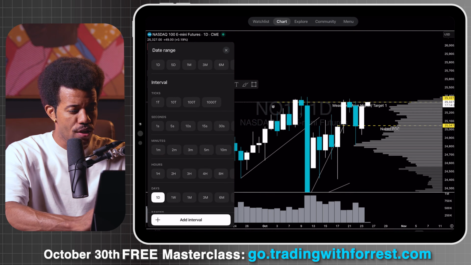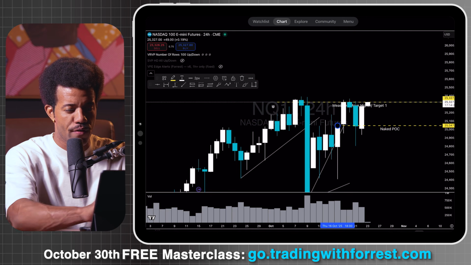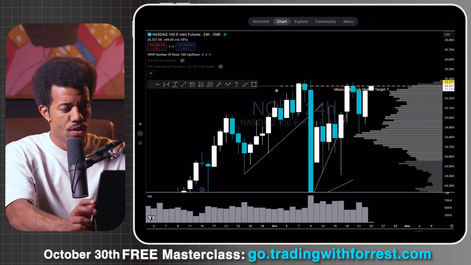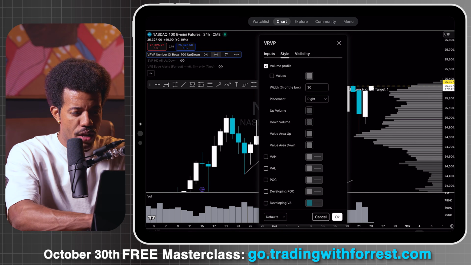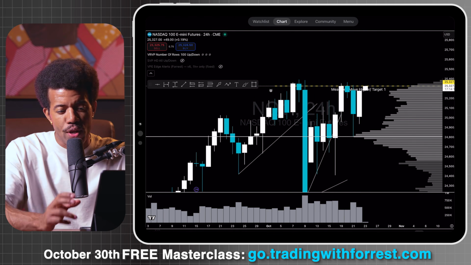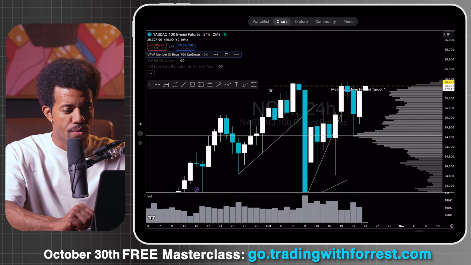Now, really important here. We're going to go to the 24-hour chart because this indicator, for whatever reason, won't work otherwise. I'm going to go to my visible range volume profile. I'm going to go to the settings, and we're going to add the POC on here. Now, this is the point of control for the visible range. It's this big white line in the middle of the screen.